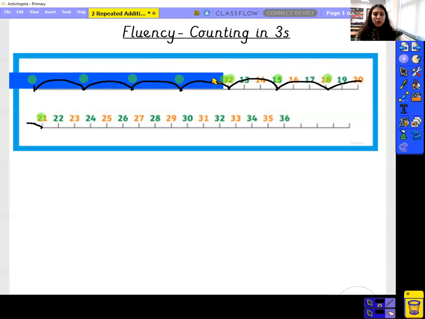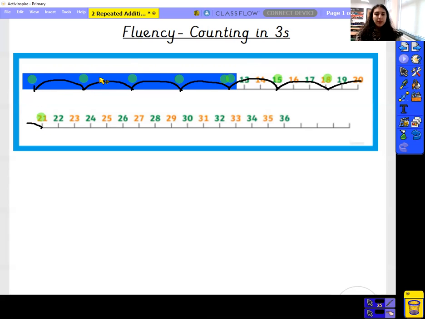Lovely. Let's cover up that 12 then. And we'll count from 0 all the way up to 21 in threes. So let's get ready. 3, 2, 1, 0, 3, 6, 9, 12, 15, 18, 21.